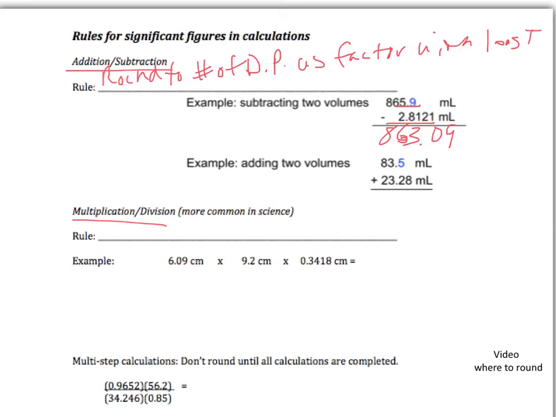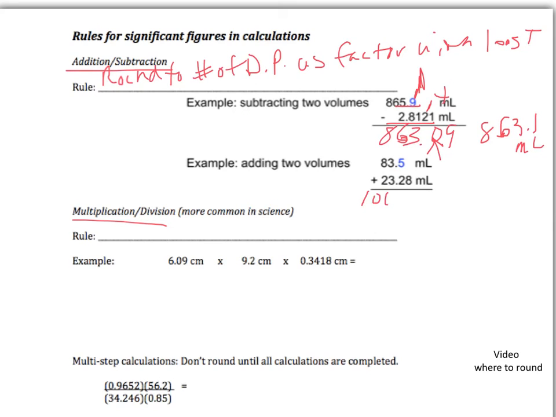What I have to look at is this has 1 decimal place, this has 4 decimal places, so I want to report to 1 decimal place. So I want to round that number, and because this is a 9, my answer is going to be 863.1 milliliters.